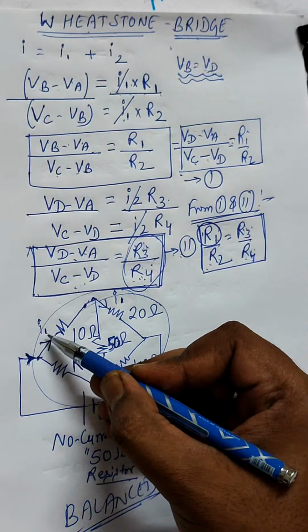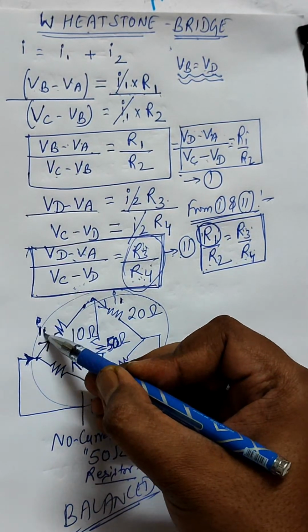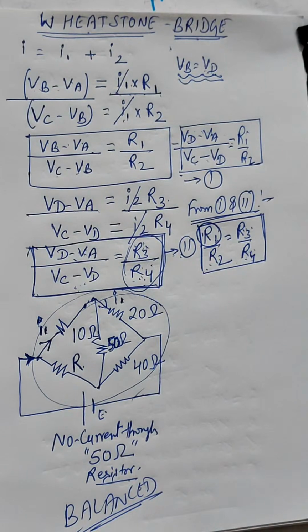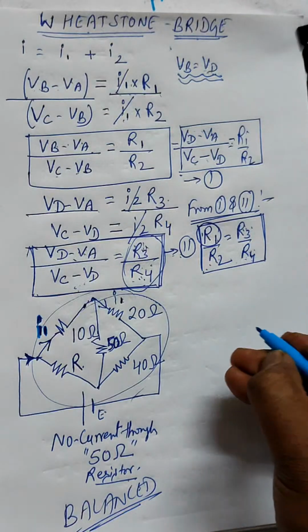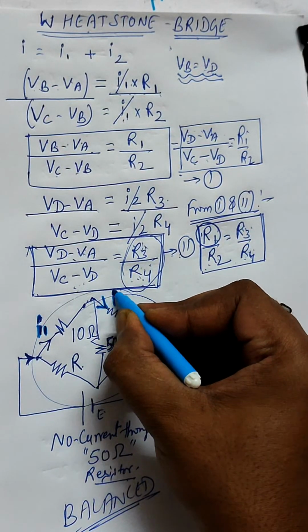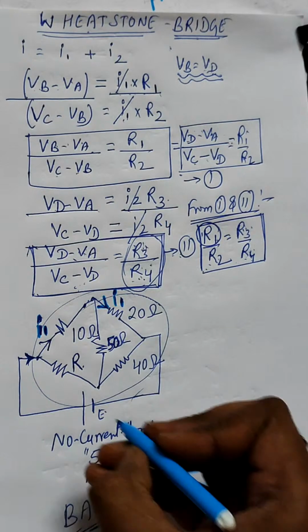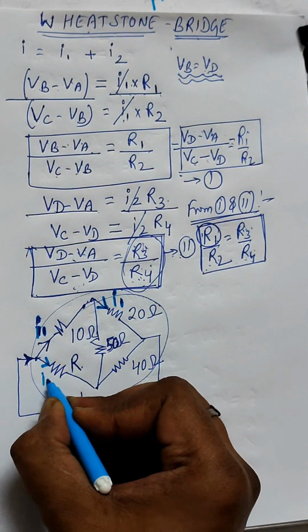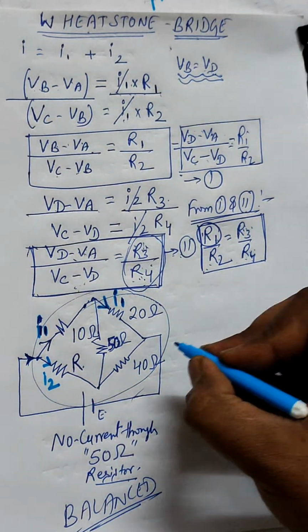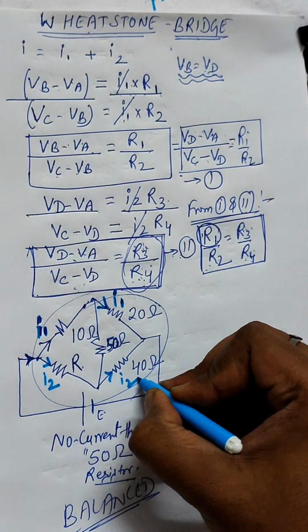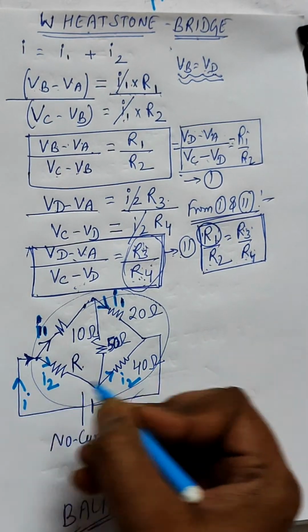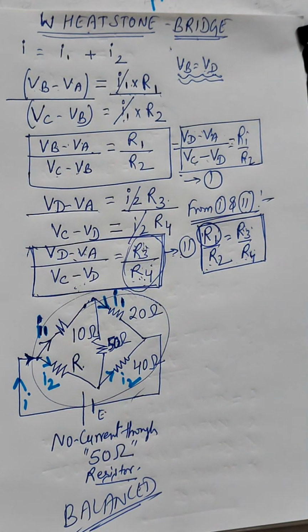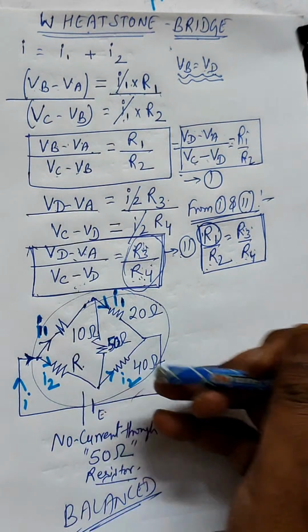So if here we have I1, then the same current I1 flows through this, and through R, if its current is I2, then the same current I2 flows through 40 ohm. We need not calculate the values of I1 and I2, but simply see how it is working.